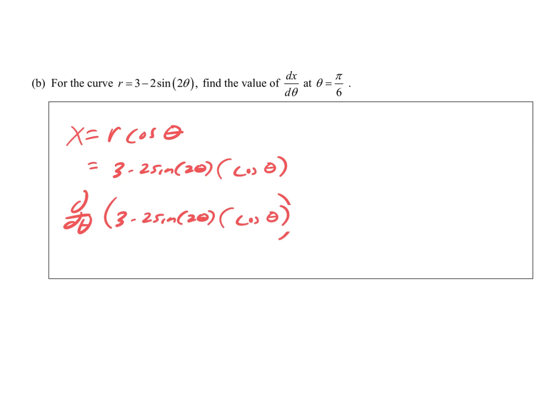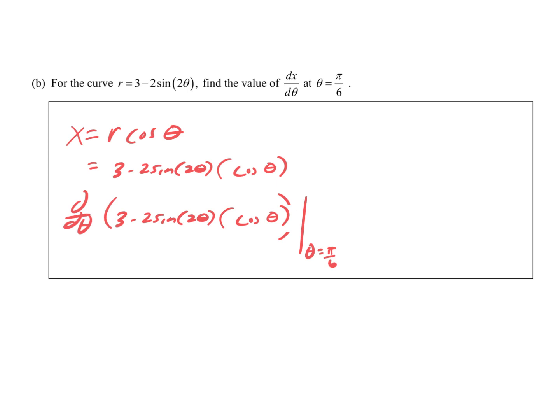But we're evaluating at theta equals pi over 6. Something else I noticed on some of your papers: when you do this evaluating thing, make sure you put whatever you're evaluating at on the bottom of this line. I saw a couple people had it in the middle. I don't know if it's a big deal, but I'm starting to believe that stuff like that matters. Can you put dx d theta, parentheses, pi over 6, equals?